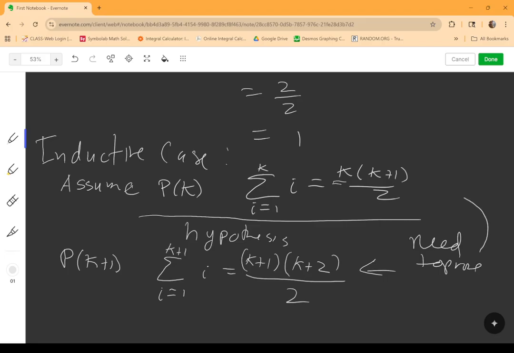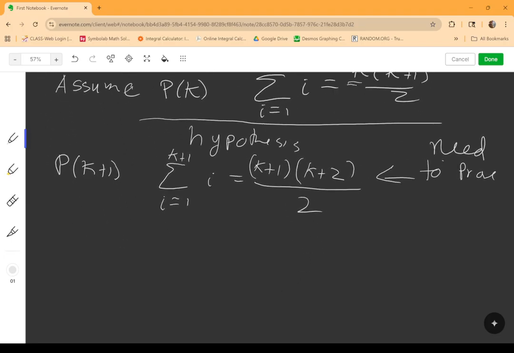But I assume this, and I'm going to use that. So I need to prove this quantity here. That is the inductive step. And if that holds for my hypothesis, then it works for every single k, and that proof is done.